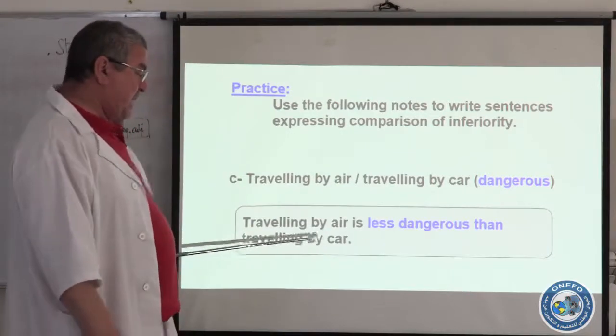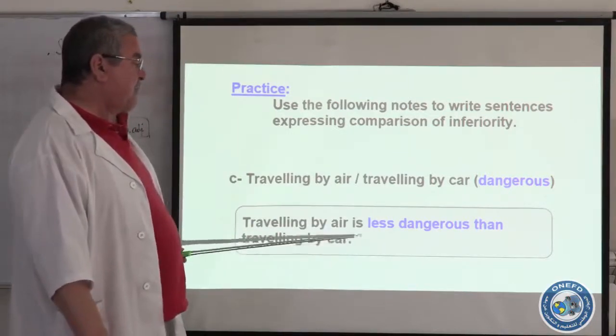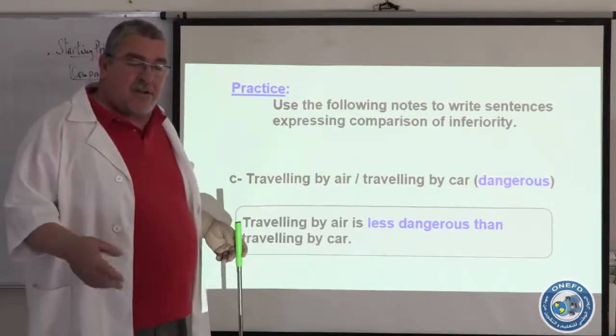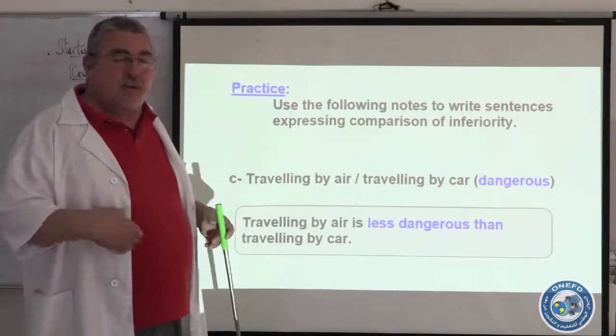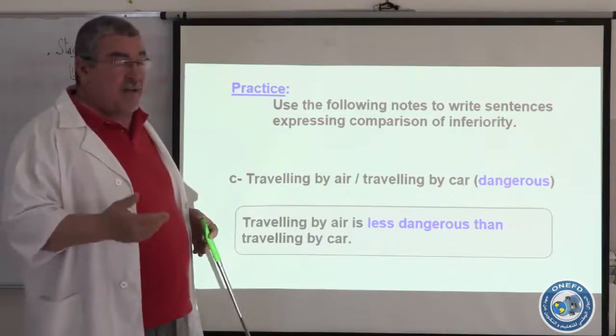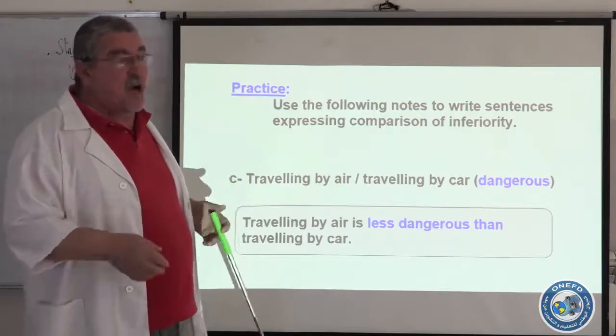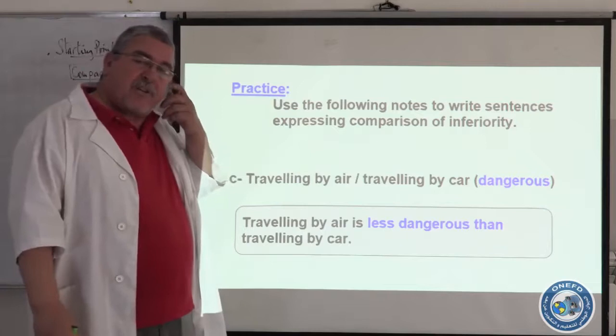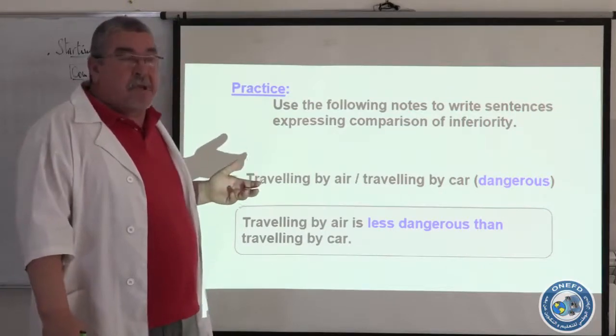than traveling by car. And we have this information when we check the news on TV talking about the number of deaths in the Algerian roads, for example. How many plane crashes are there per year here?